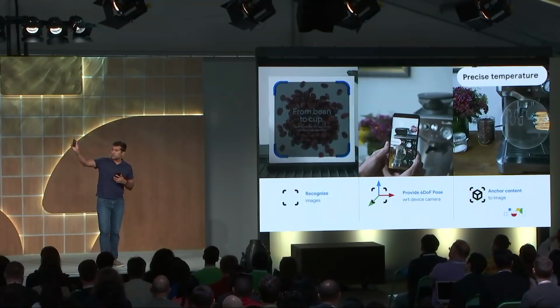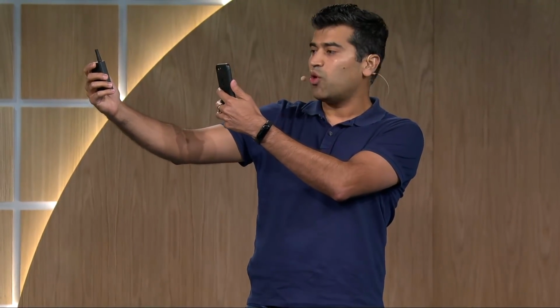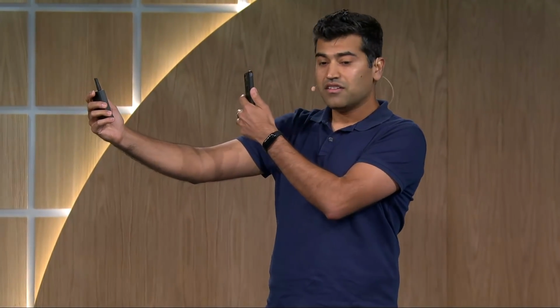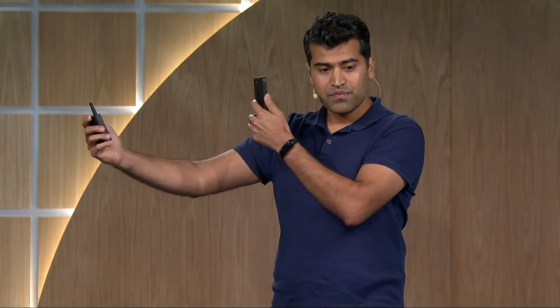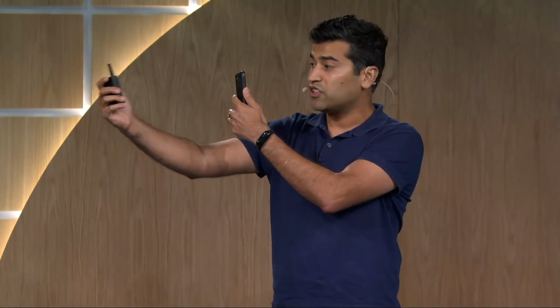For example, if this was the image, and this is the device, once I'm done scanning my image, it tells me the position of my device with respect to the image in X, in Y, and in Z. It also tells me the orientation with respect to the image in pitch, yaw, and roll. So with these 6 numbers, the X, Y, Z, and the pitch, yaw, roll, you're able to describe the position and orientation of the device accurately.